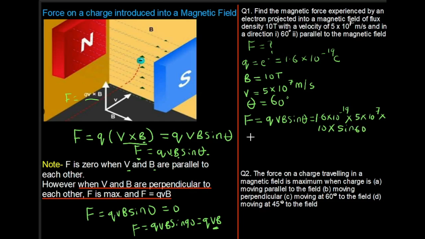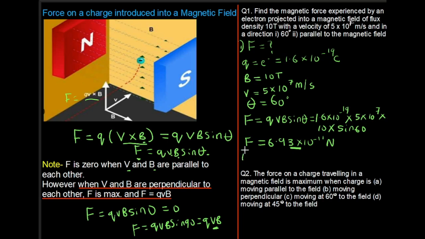At the end of the day, we can use our calculator to simplify this, and the force experienced by that charge will be 6.93 times 10 raised to the power of minus 11 Newton. So that is the value of the force for the first part of the question.